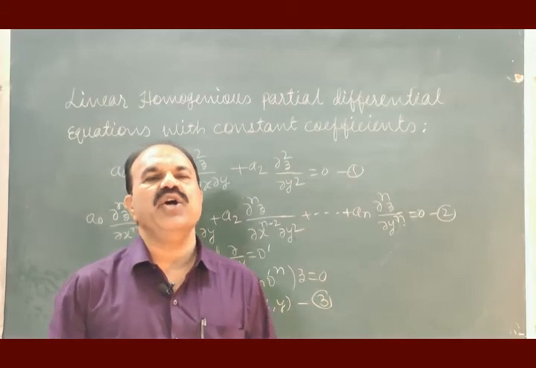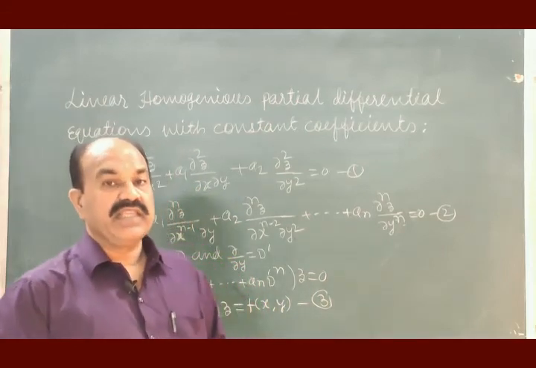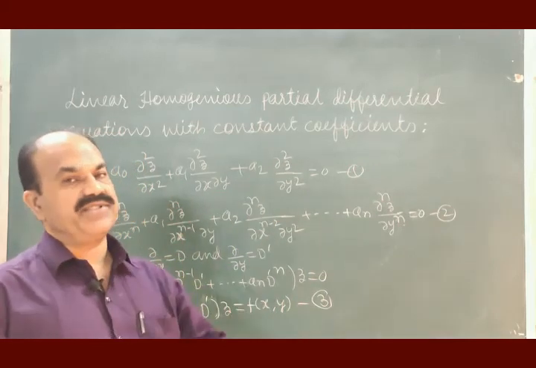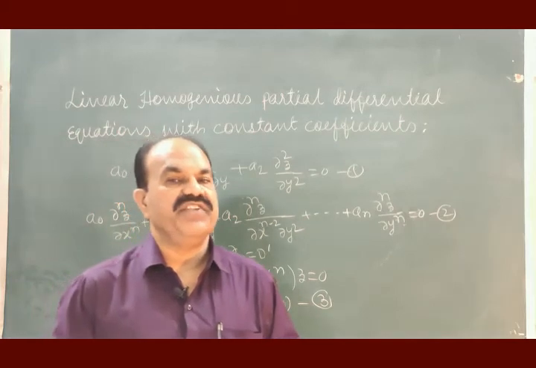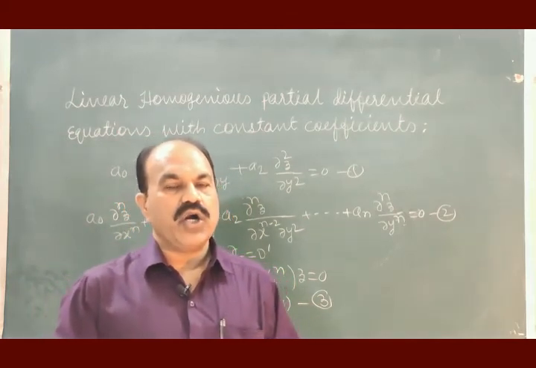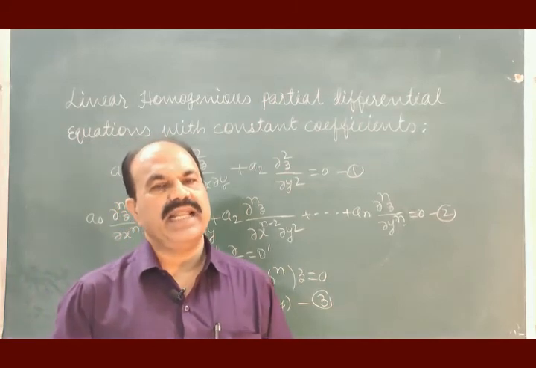Whatever may be the order of differentiation, may be 2, it will be 2 for all the terms; 3, it will be 3 for all the partial differential terms; order 4 for all the partial differential terms, like that.